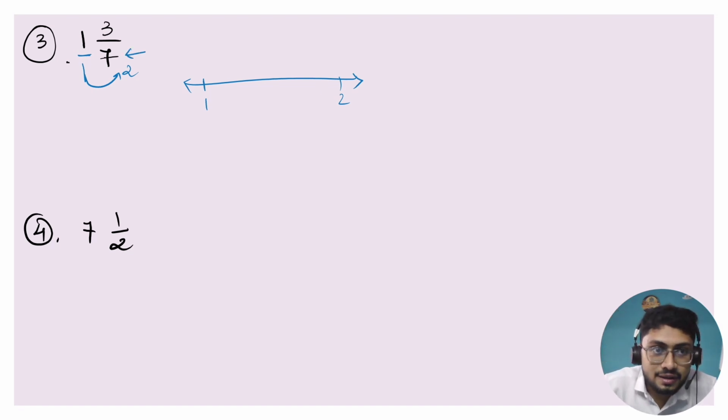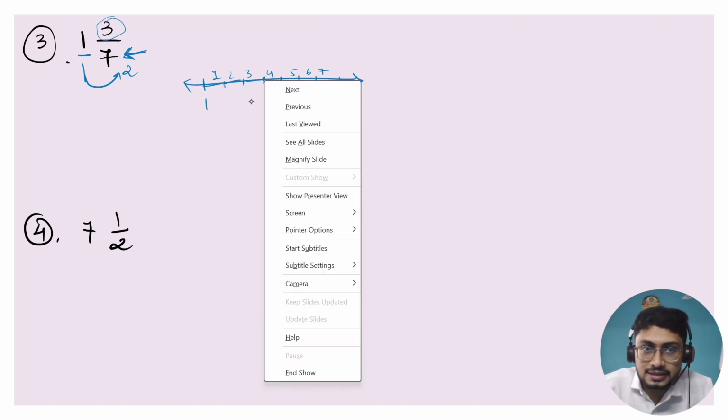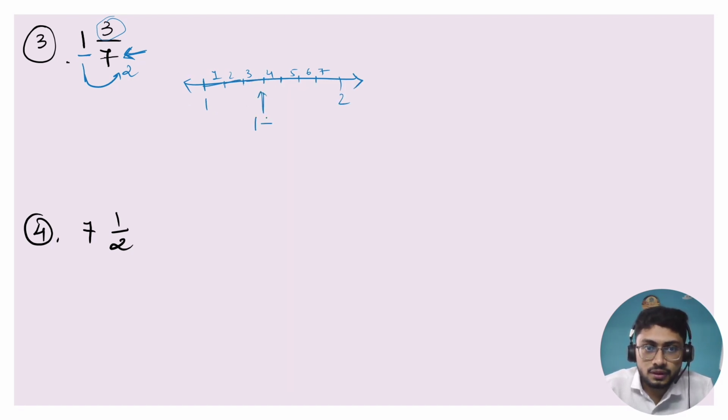Total 7 partitions: 1 2 3 4 5 6 7. Now till which partition do I need to set? 1 2 and 3. So my answer is over here, 1 3 upon 7. Am I clear?